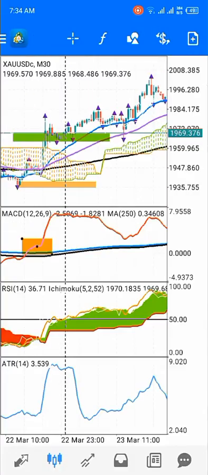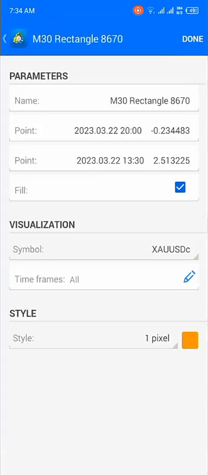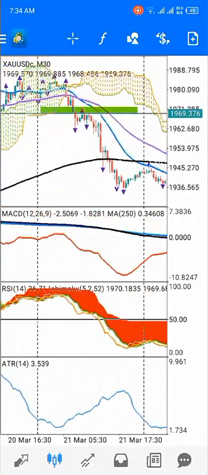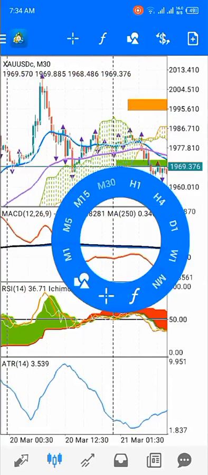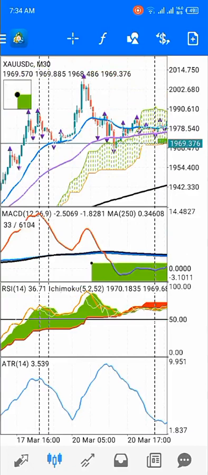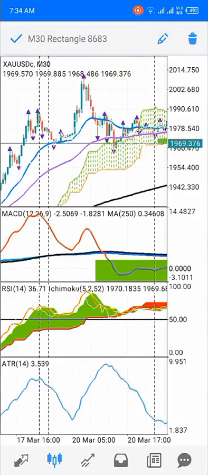So you have a crossover to the upside, look for buying opportunities. And as you have a crossover to the downside, you look for selling opportunities.